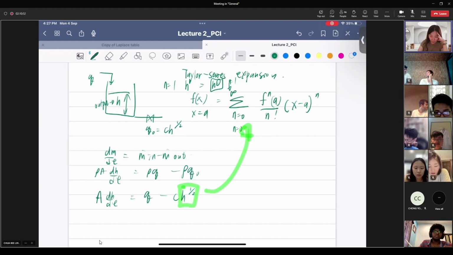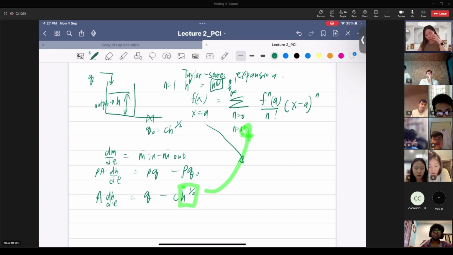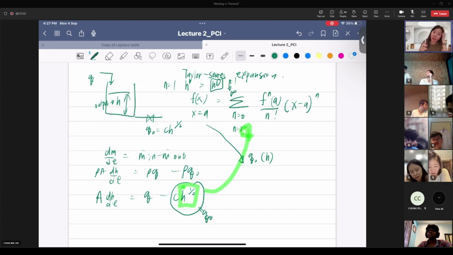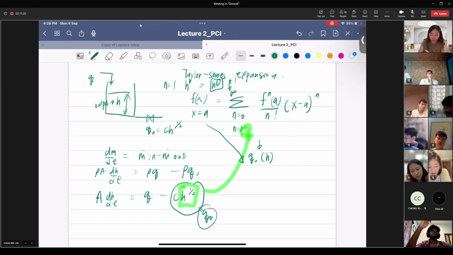Which means in this equation, the parameter f will be changed. What is your parameter? This whole thing is Q naught. The variable inside is h. So how do we change the general equation of Taylor's expansion to fit Q naught?